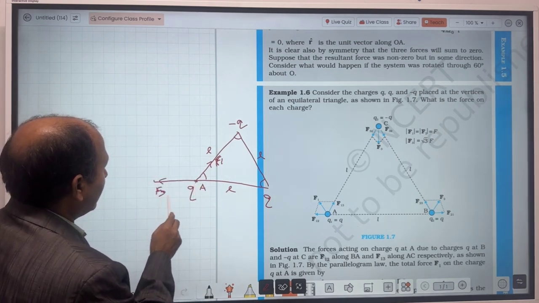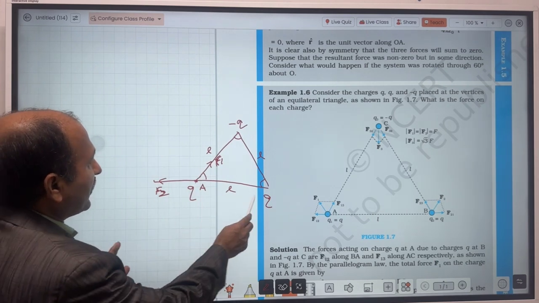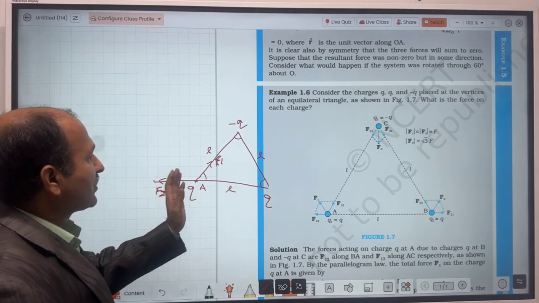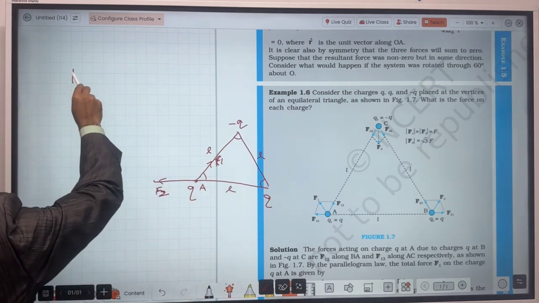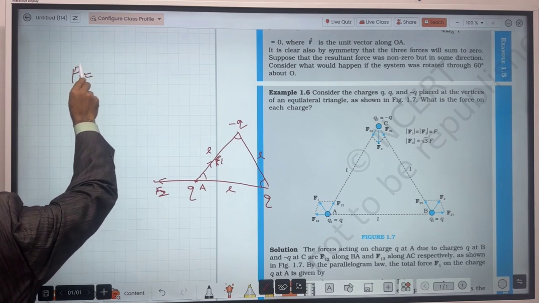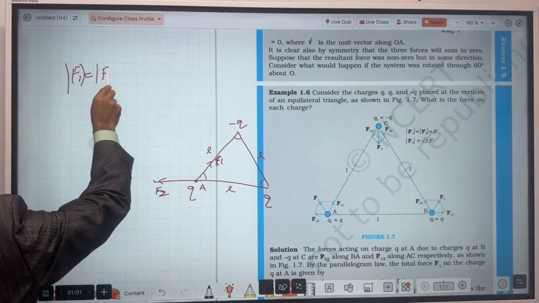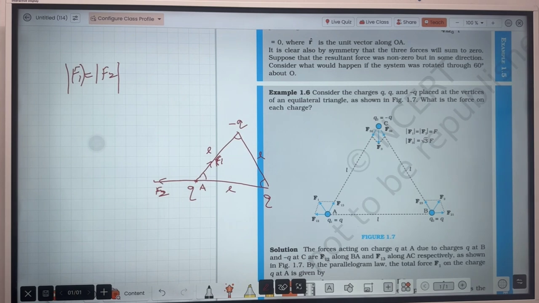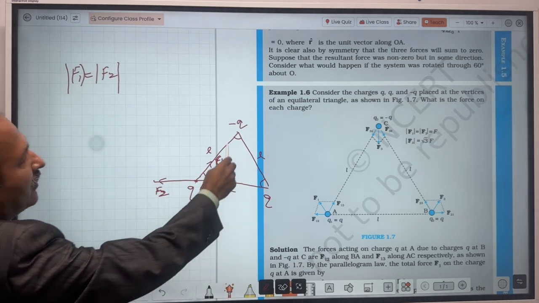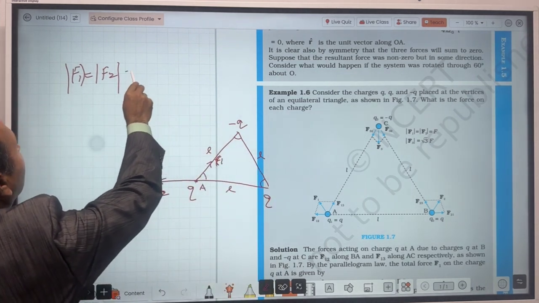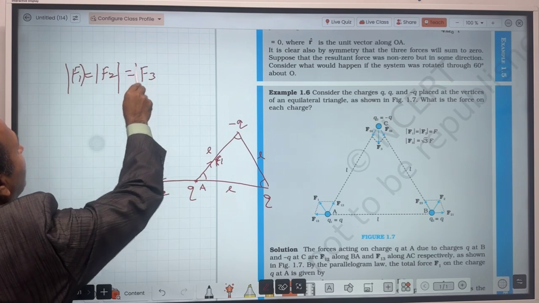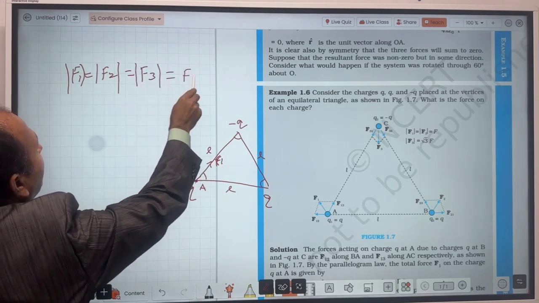So this is F2. Since separation and magnitude of the charges are same, in magnitude F1 must be equal to F2, and if we evaluate force here, F3 will also be the same in magnitude. Say each is equal to F.